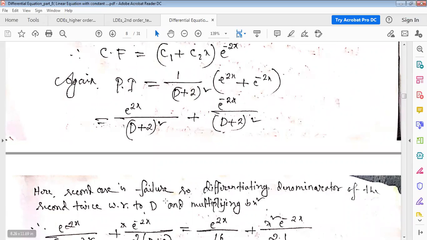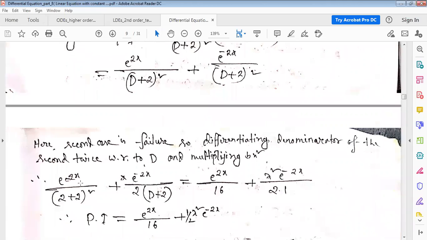So the second one fails. So differentiating the denominator of the second one with respect to D and multiplying by x square, that means twice differentiation because it is a square. Now putting D equals 2 here, we get this, after differentiating and giving x, 2 into D plus 2.